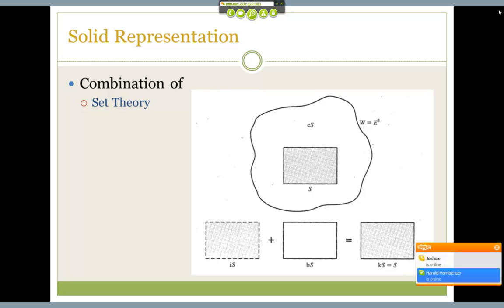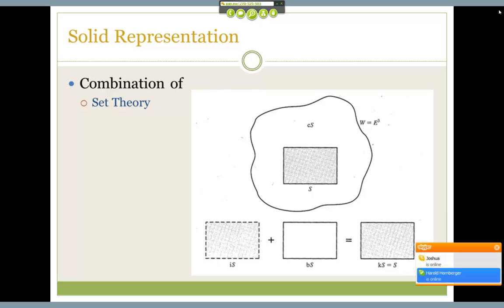So let's talk about the solid representation. In this glob, this wiggly curve, you have a block that's sitting inside of it, and you want that block to be represented as a solid inside of E3, we typically refer to it as R3. It is the Euclidean space that we're talking about, so it's XYZ space.